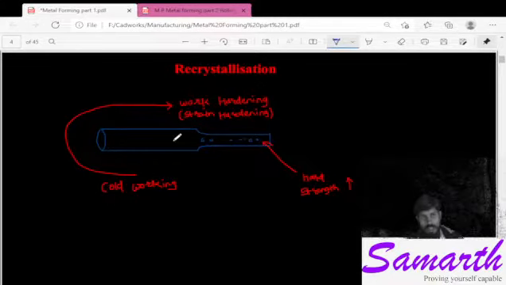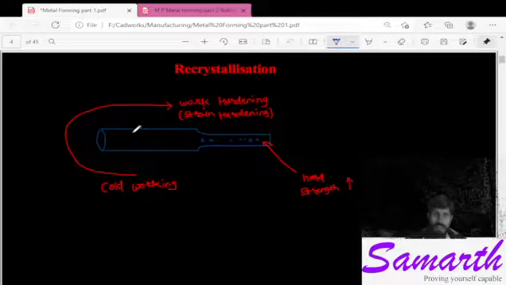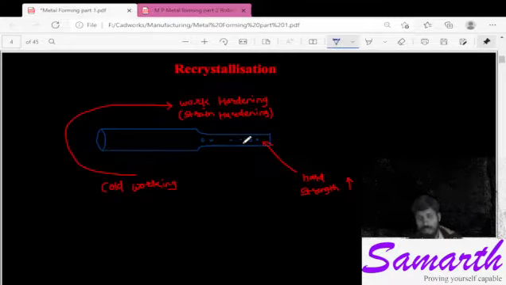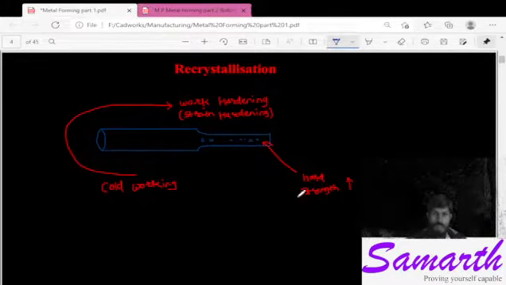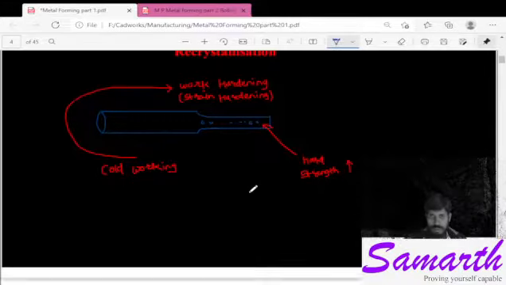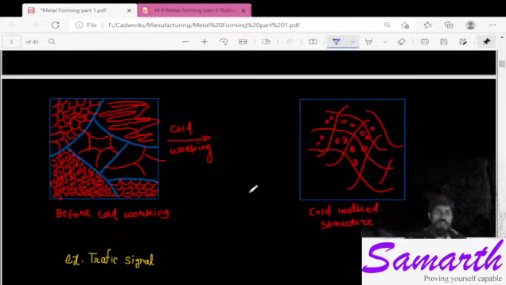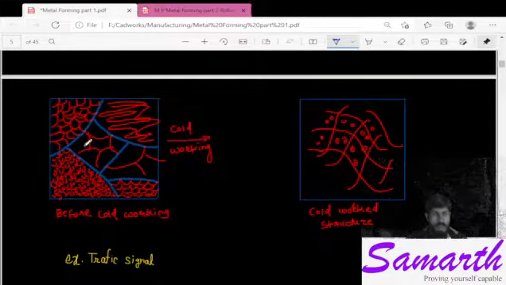We have seen that up to a particular limit, if we apply load on a metal, then there will be a little bit of hardening, and even though its strength will increase, deformation will not be there. Why does it happen? Here in this figure you can see a metal part initially before the working.